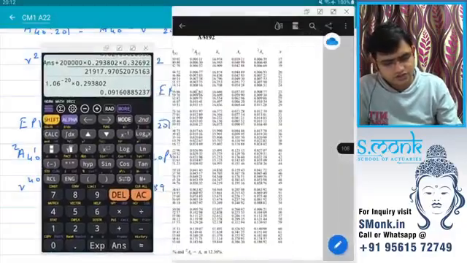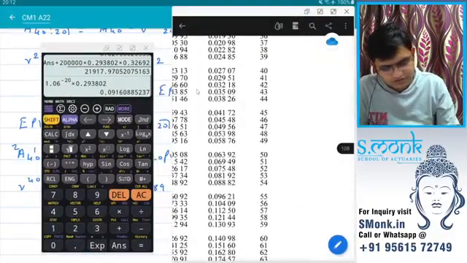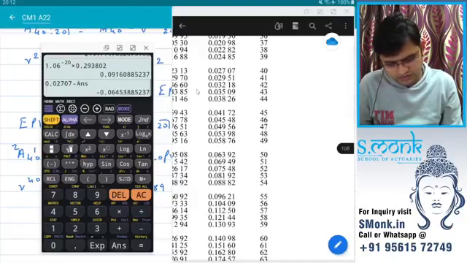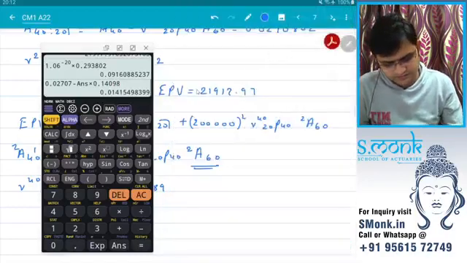Here the last column is of 2A. So 2A40 is 0.02707 minus answer into 0.14098.